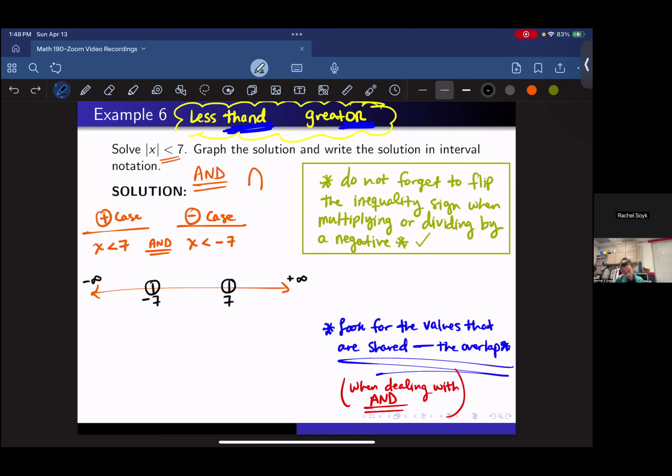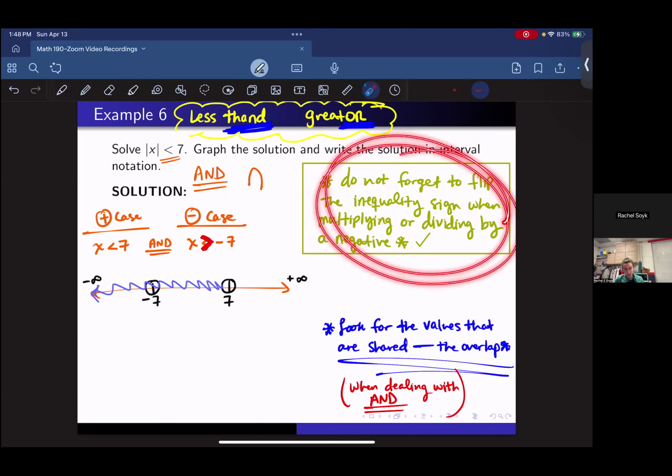And it's saying, okay, we're looking at all values that are less than 7. Maybe I'll use a different color here. All values that are less than 7. And then for the second case, one thing you want to keep in mind when you're dealing with inequalities and you multiply that right-hand side by a negative, what also happens is that the inequality has to flip signs. And that's what I put over here.